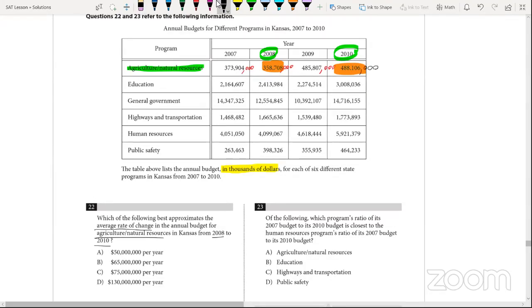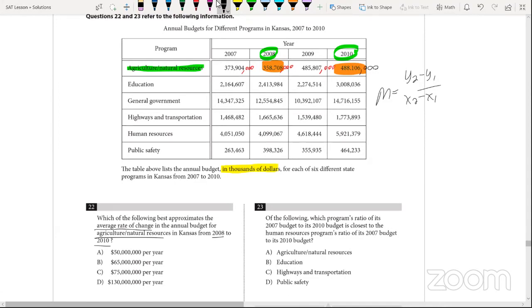And when we're dealing with the rate of change now, well, slope is rate of change, is your change in Y over change in X. But because we have the actual data here, then we can maybe use the slope formula, Y2 minus Y1 over X2 minus X1. And what are our points?